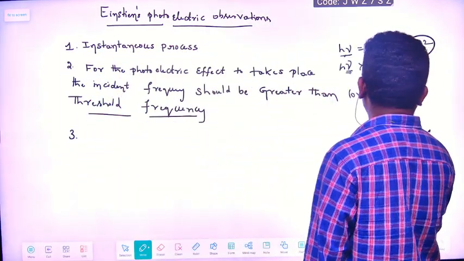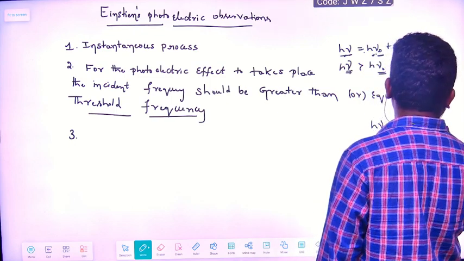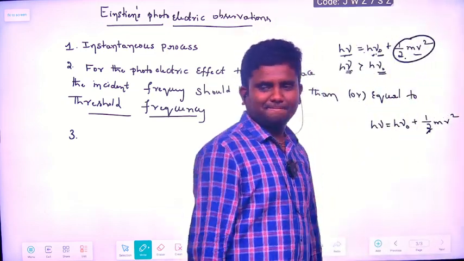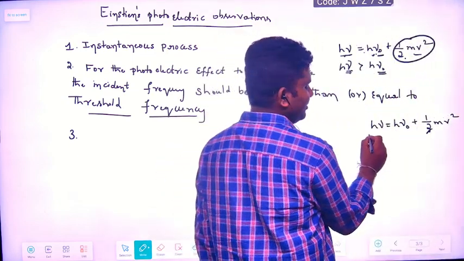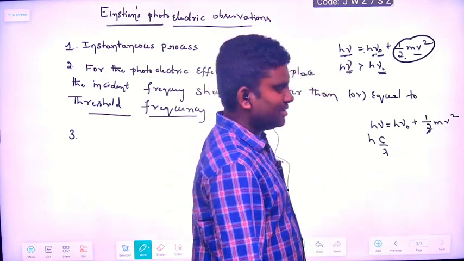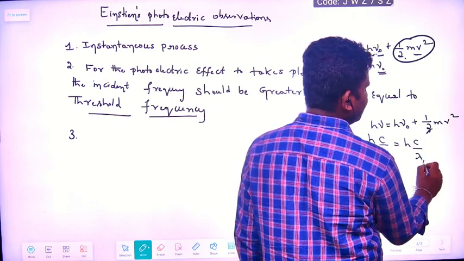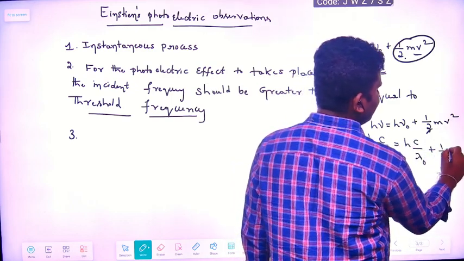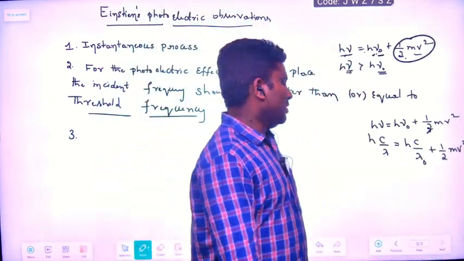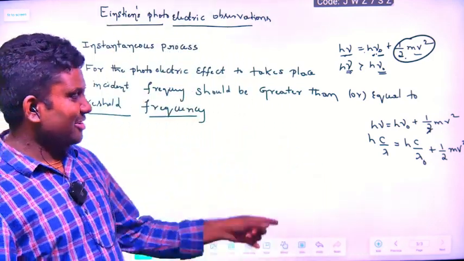We know h mu is equal to h mu naught plus half mv square. Write mu and mu naught in terms of wavelength. Frequency means velocity by wavelength, so hc by lambda is equal to hc by lambda naught plus half mv square. Now what about the wavelength of the light ray?